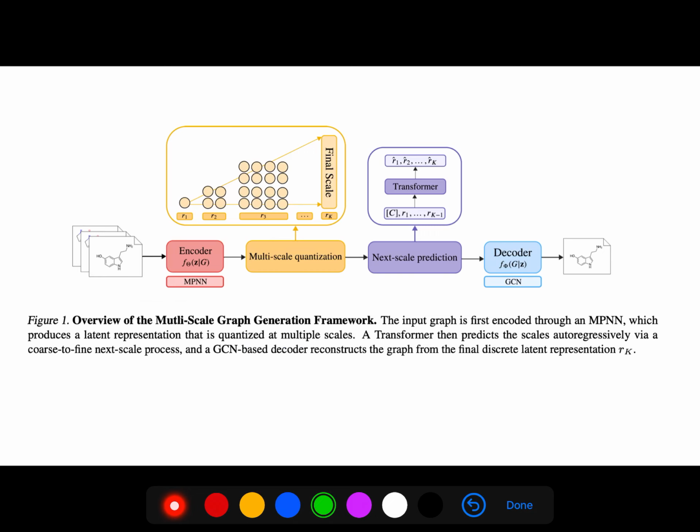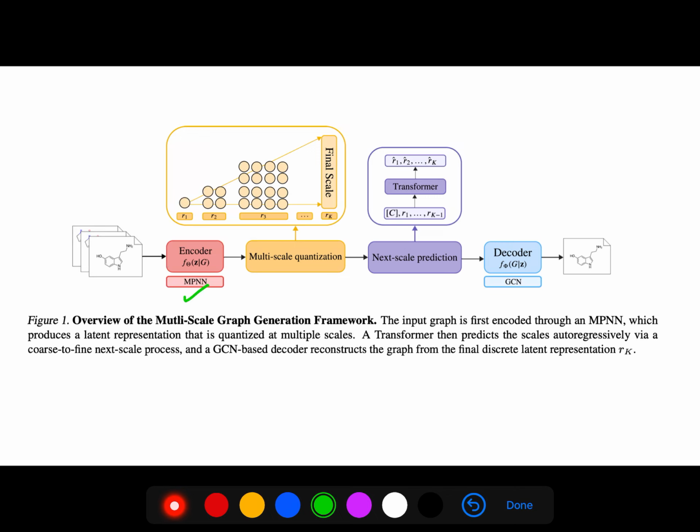And this is the overview of the multi-scale graph generation framework. The input graph is first encoded through a message passing neural network. So here it is encoded, which produces a latent representation that is quantized at multiple scales. A transformer then predicts the scales autoregressively via a coarse to fine next scale process.